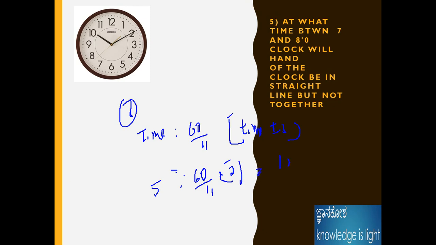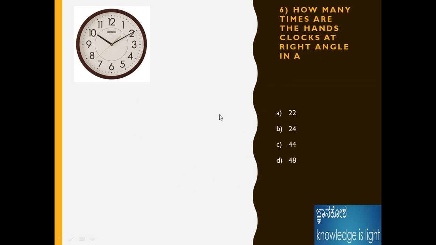Therefore, 120 by 11. Okay, I do it from both, plus or minus. What is the time here? Time is 7 o'clock. Either by using that method or this method, the answer should come out the same only. No need to worry about anything. Use this logic. Okay, next one.